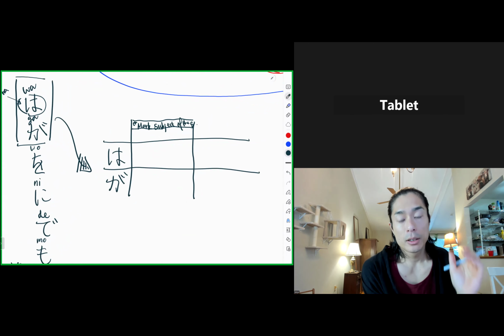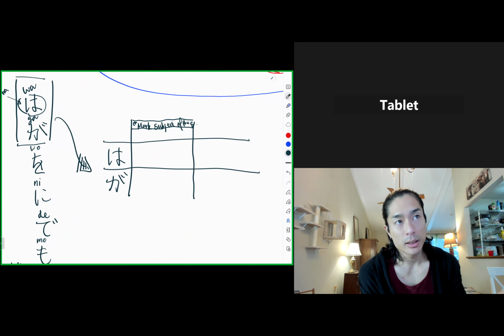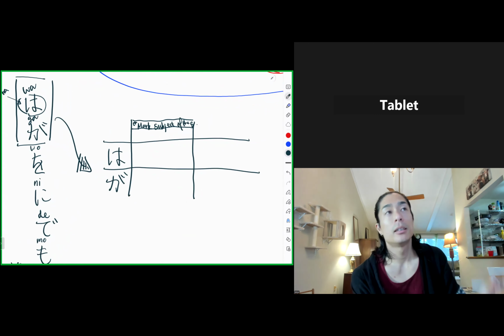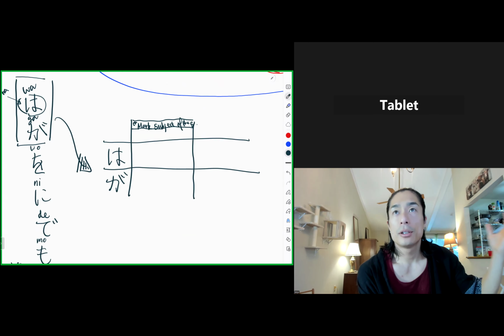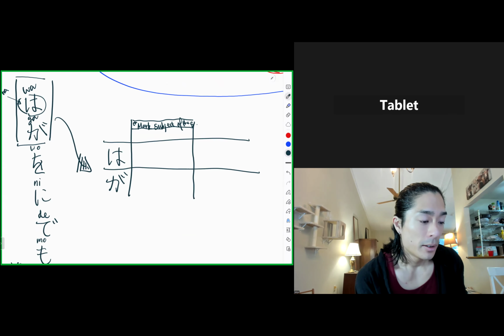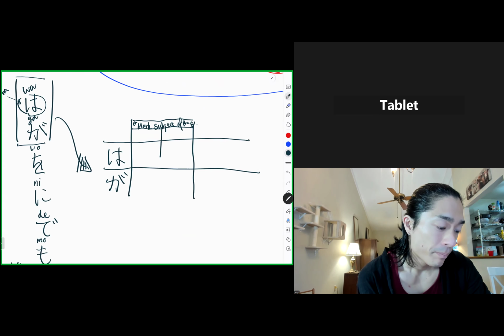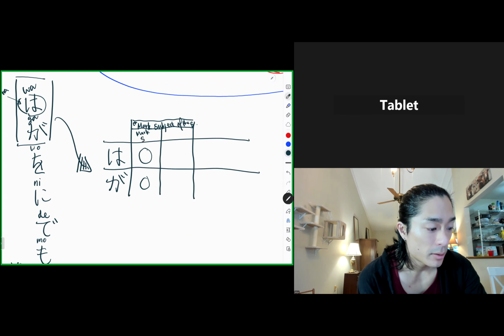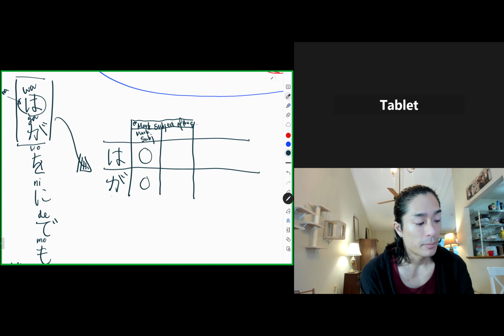Subject meaning whoever does the action that the sentence says. I play baseball. The subject of that sentence is I. Takeshi and Yuko play soccer. Who are the subjects? Takeshi and Yuko. Both are subjects, right? So in terms of marking the subject of the sentence, yes, wa and ga both have this function.